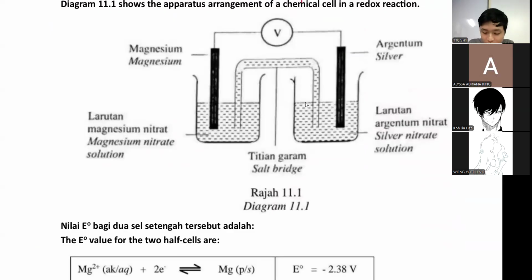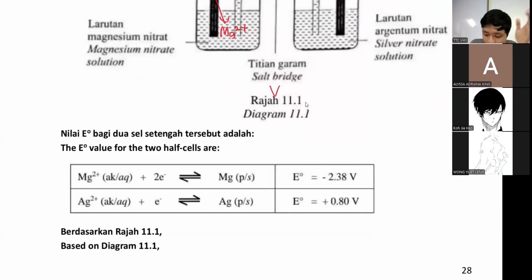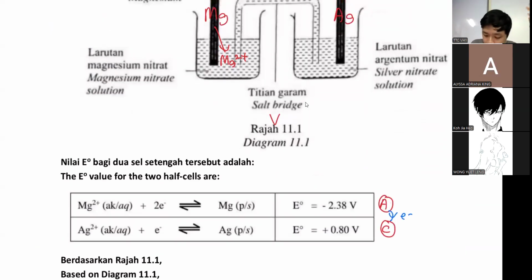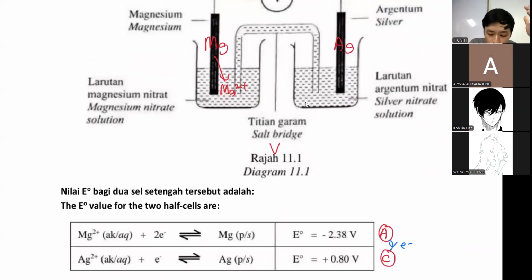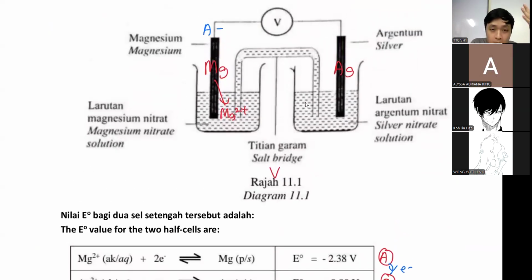Okay, so same thing. Magnesium and silver, so you have two different metal electrodes. This is a voltaic cell. Mg dissolves to become Mg2+. Why? The more negative E value is the anode, the more positive E value is the cathode. So electrons flow from anode to cathode. It means Mg will donate electrons to become Mg2+.